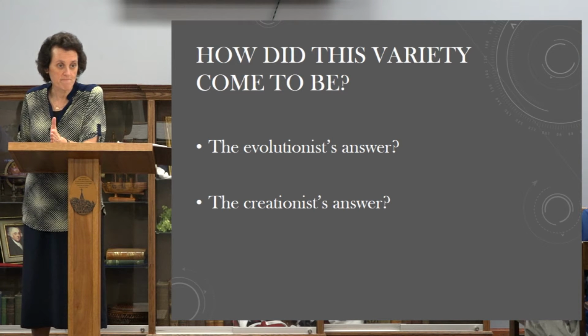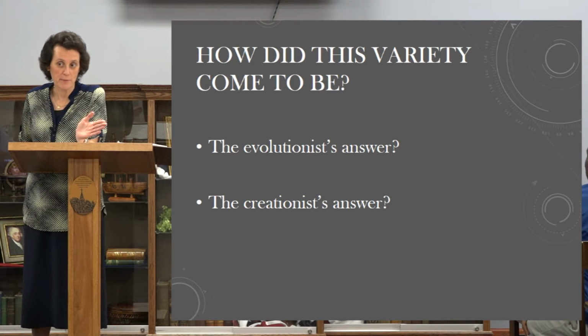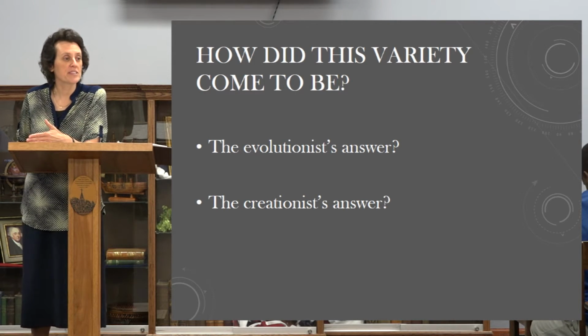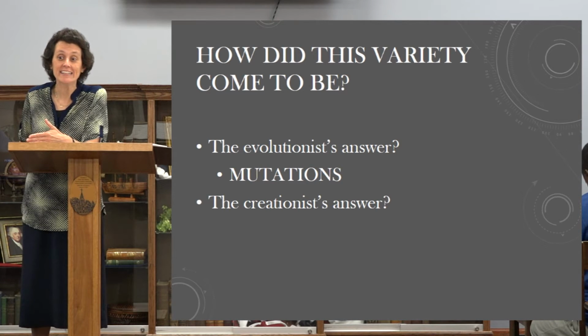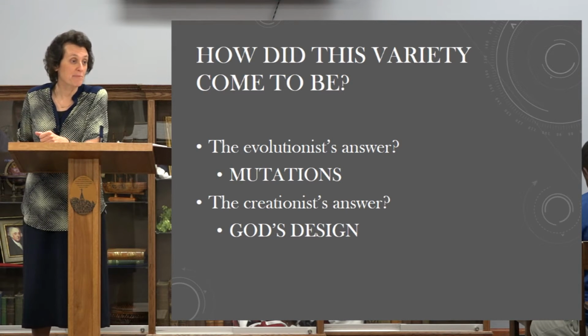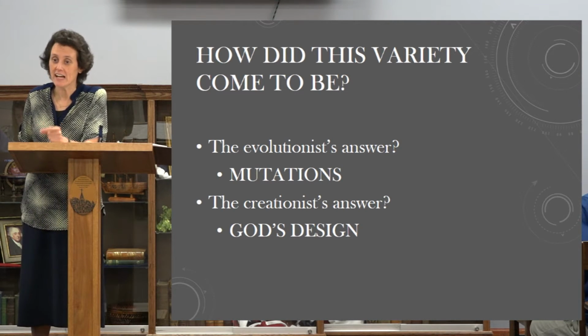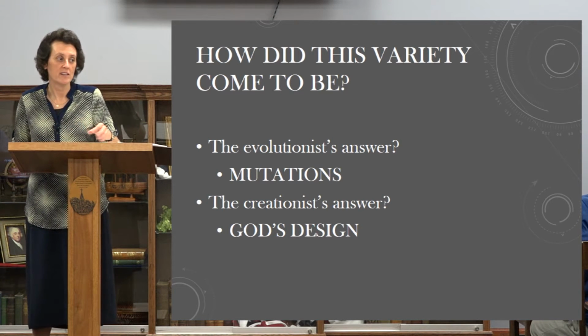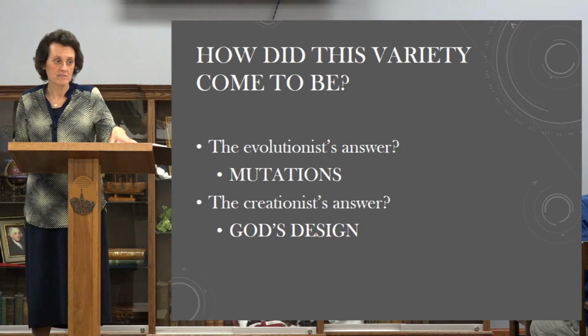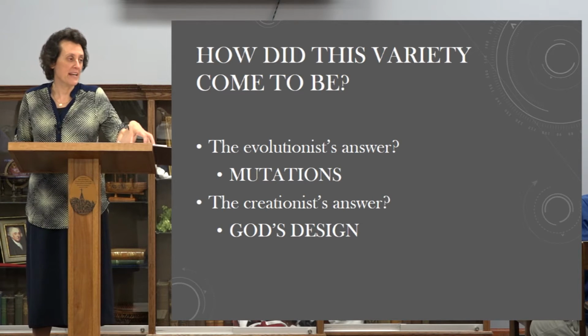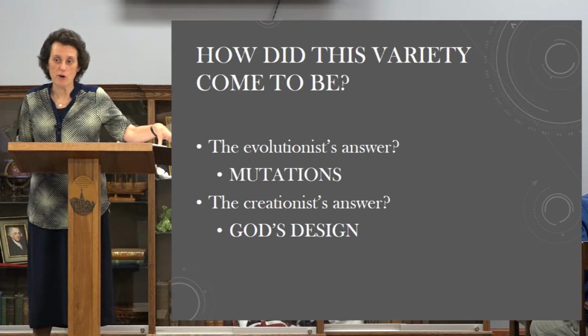All right, so how did this variety come to be? 2 choices. We have, remember, the infinite creator, or we have natural selection acting on mutations. So if I'm an evolutionist, my answer to variety is mutations. If I'm a creationist, my answer to variety is God's design. So you have a choice. Mutations acted upon by natural selection, accumulating over millions of years.